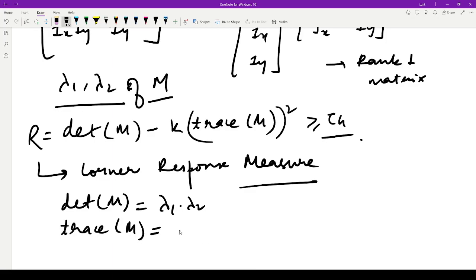Sum of the eigenvalues. Yeah. So once you have these expressions, you can clearly see that you can replace these lambda values instead of determinant and trace. And how does it help? What does lambda 1, lambda 2 signify?